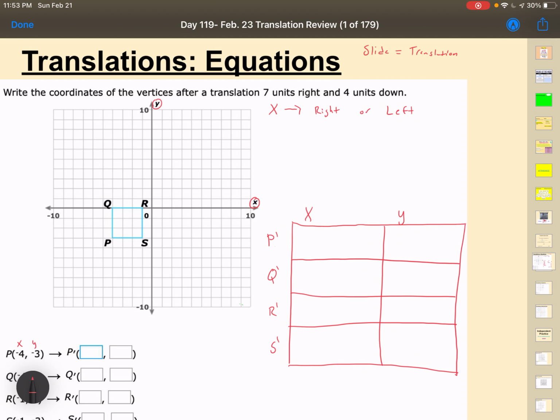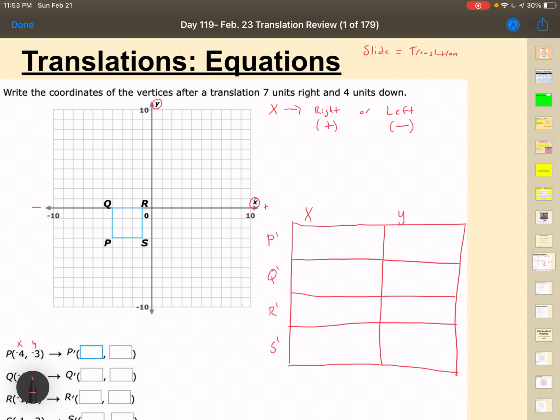If you're going to the right on the number line, it's a positive movement. If you're going left, it's a negative movement.